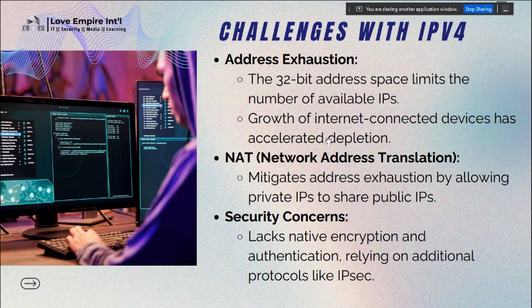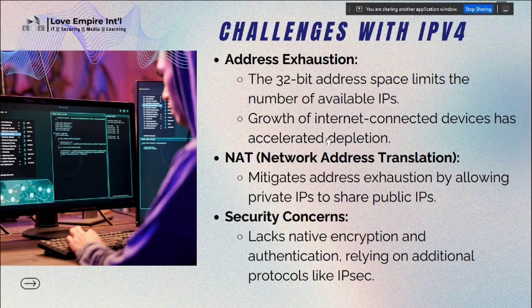You can see somebody that is in Nigeria browsing, and the person can change his or her location to maybe the United States. So if you were to track the person, you would be tracing the person back to the United States instead of Nigeria. So these are concerns in IP version 4.